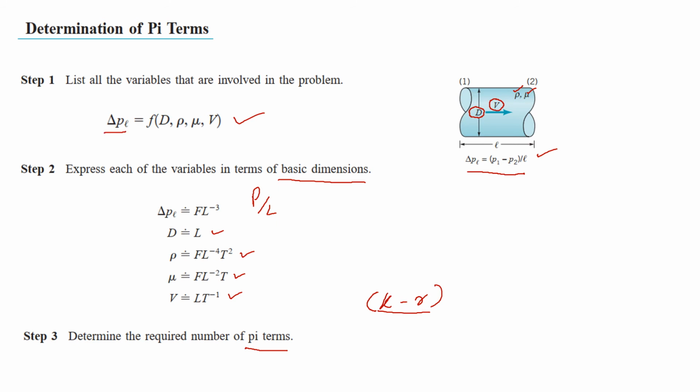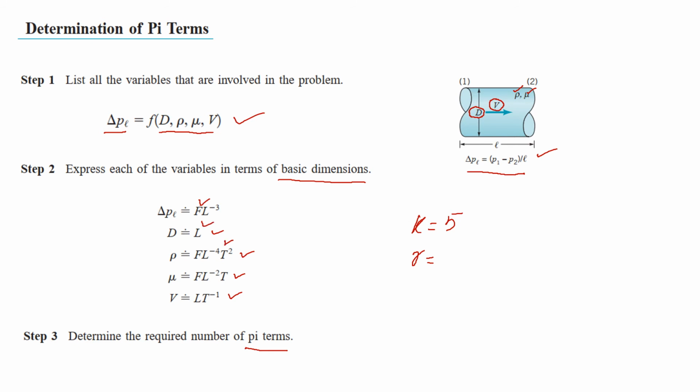This is the dependent variable, and these 4 are the independent variables. So K is equal to 5, and R is the minimum number of reference dimensions that are required to represent these variables. The minimum number of reference dimensions, as you can see, are F, L, and T.